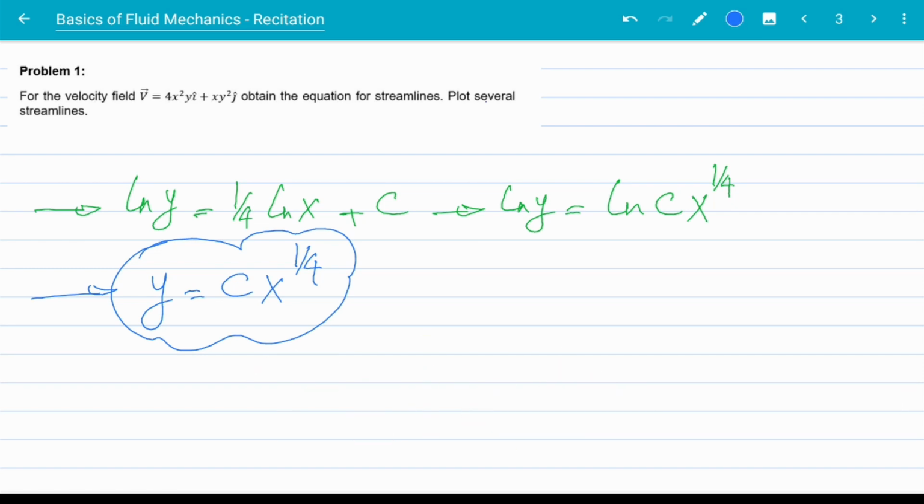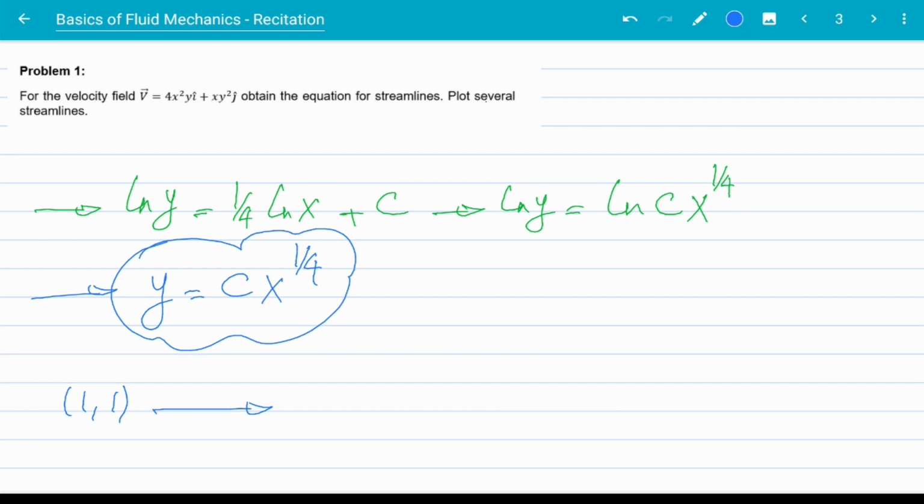For example, if you really want to know the equation for the streamline that passes through the point 1 and 1, you can find the C for this specific streamline first and then plot that. So we are looking for a streamline that passes through 1 and 1. We need to find C.